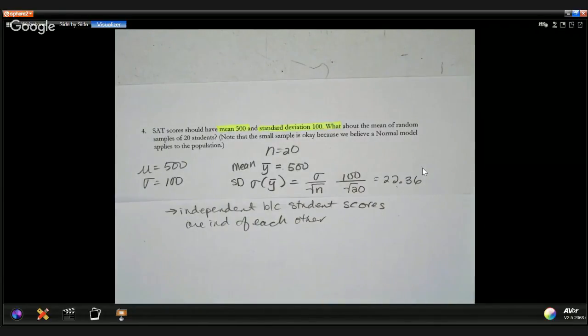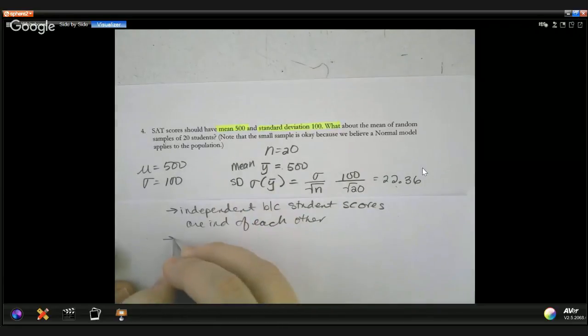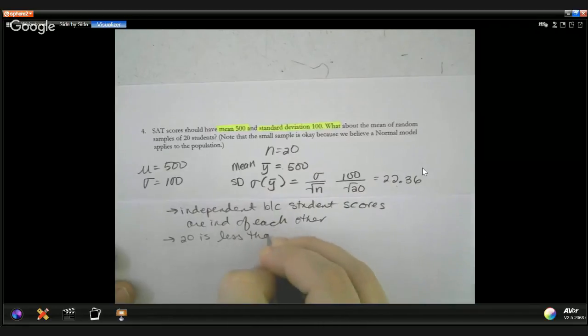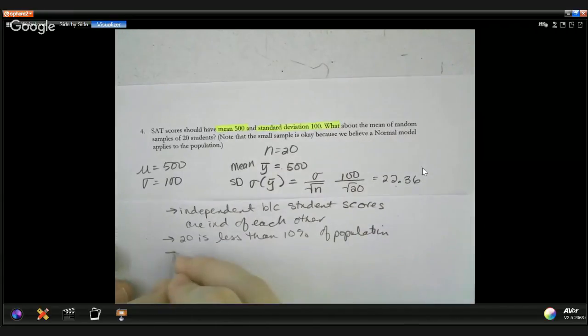And so kids had to have a certain score to get into that college. So that might be an example. Yes, we can say that 20 students is less than 10% of the population. And it's a random sample of 20 kids.